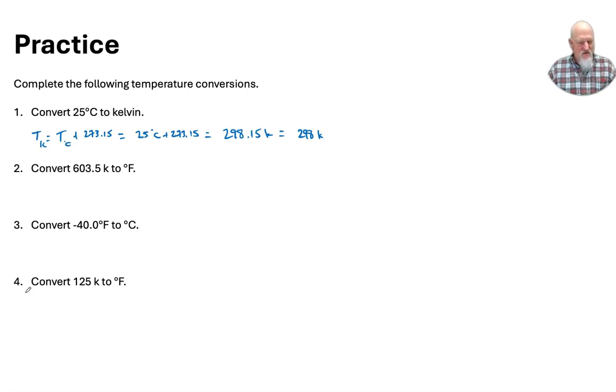Now this one's Kelvin to Fahrenheit. So to go Kelvin to Fahrenheit, I first have to go to Celsius. So temperature in Celsius is equal to temperature in Kelvin minus 273.15.